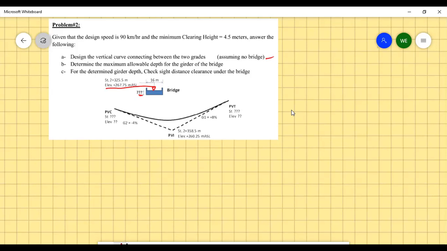So first of all, we start here and design our vertical curve. First, we start with calculating S, the stopping sight distance.